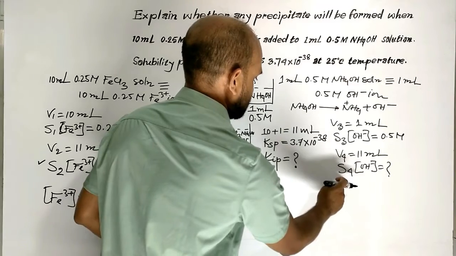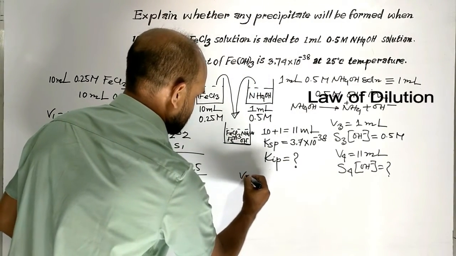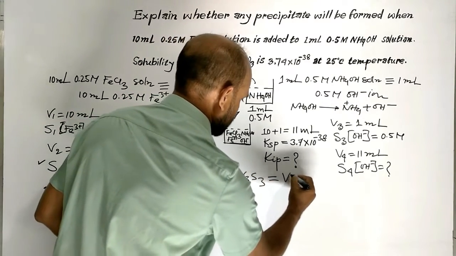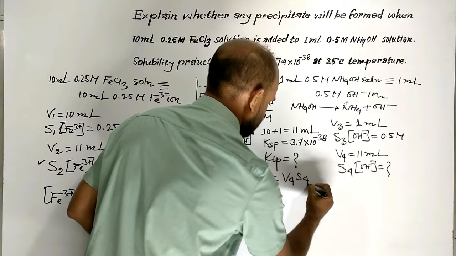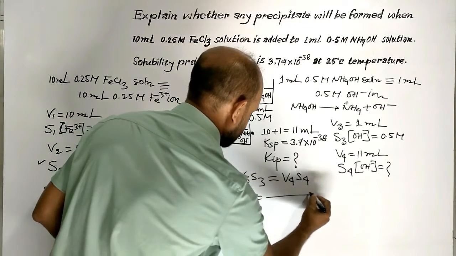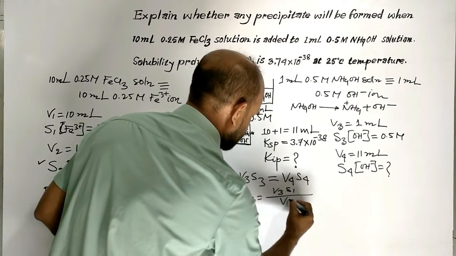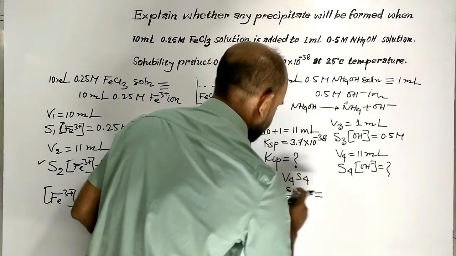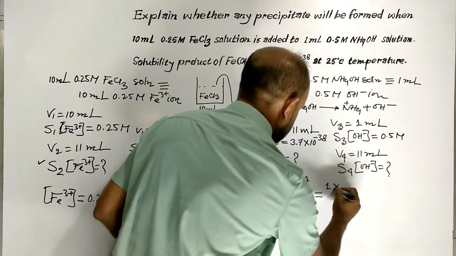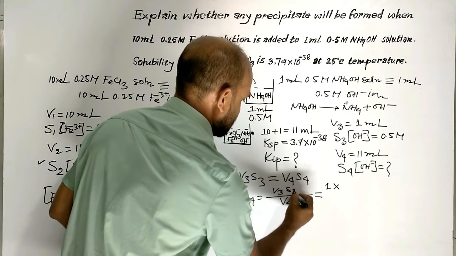After mixing, suppose the volume is V4, this is 11 milliliter; the strength of hydroxide ion in the mixture has to be calculated. According to the law of mass action, we can write V3S3 is equal to V4S4. So S4 is equal to V3S3 divided by V4. V3 is 1 milliliter times S3.